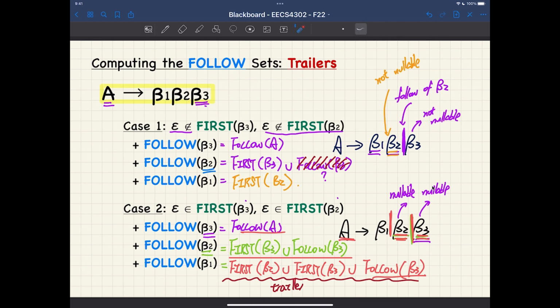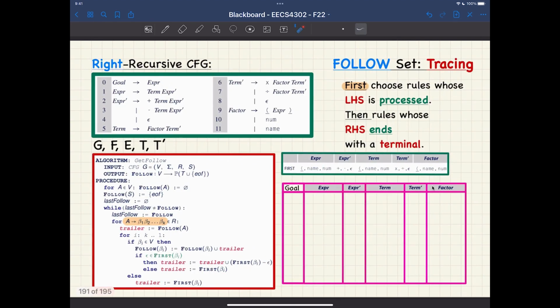And I put down some guidance over here about how you should really do it. And for now, I just choose this particular order to actually do it. And if you choose a different order, it will still be okay. But it might be that you might need a little bit more iterations to actually get to the fixed point when it gets stable. But let's choose this one. Okay, let's choose this particular order.